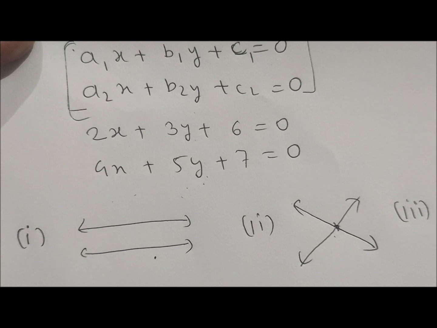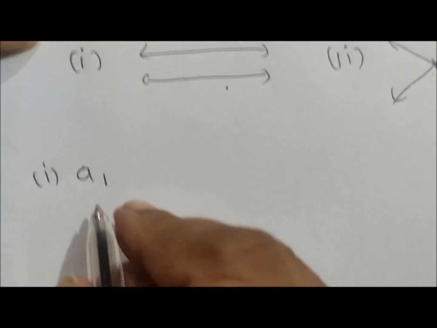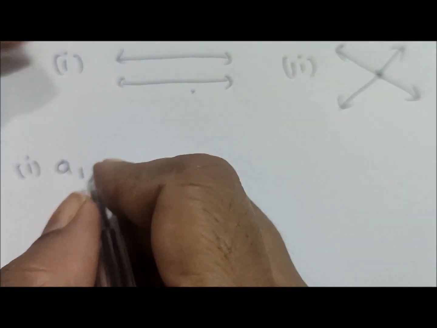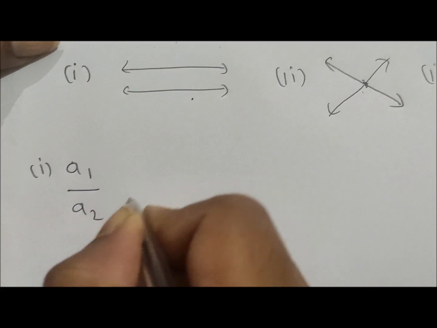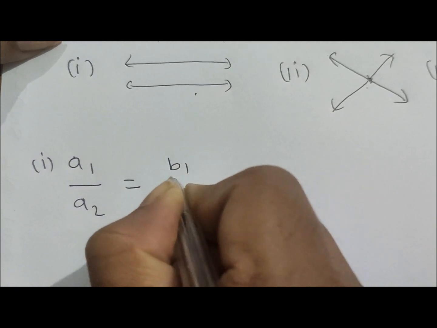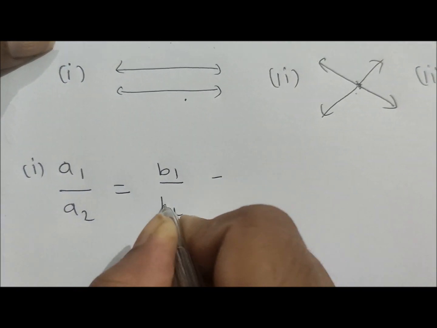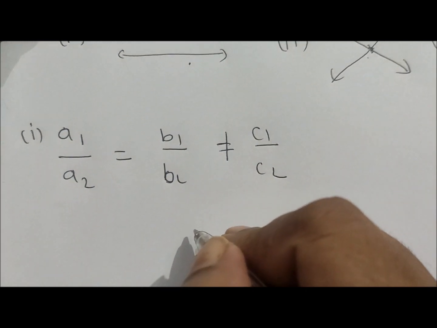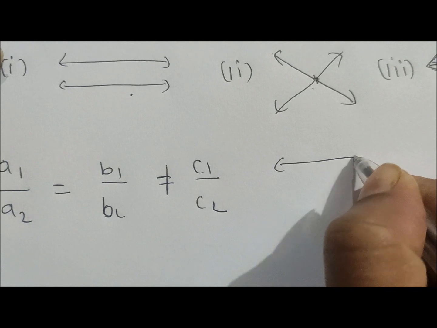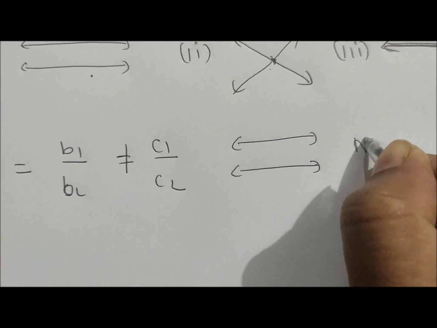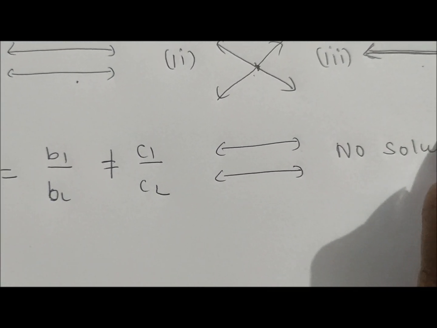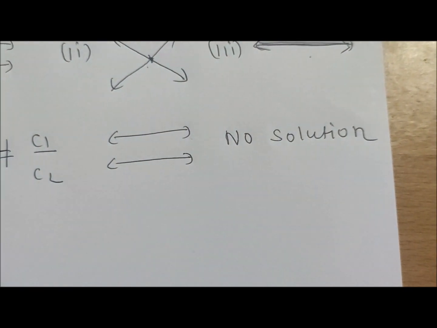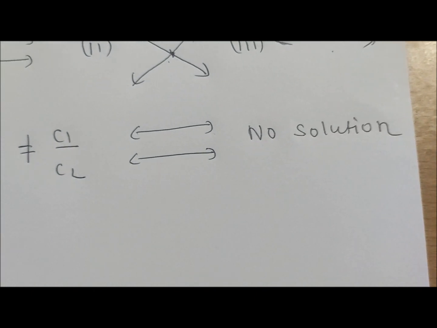First condition: if a1 upon a2 is equal to b1 upon b2, which is not equal to c1 upon c2, then we can say that these equations are parallel and there will be no solution. If two equations are parallel, there will be no common point on the graph, that is, there will be no solution of these equations.